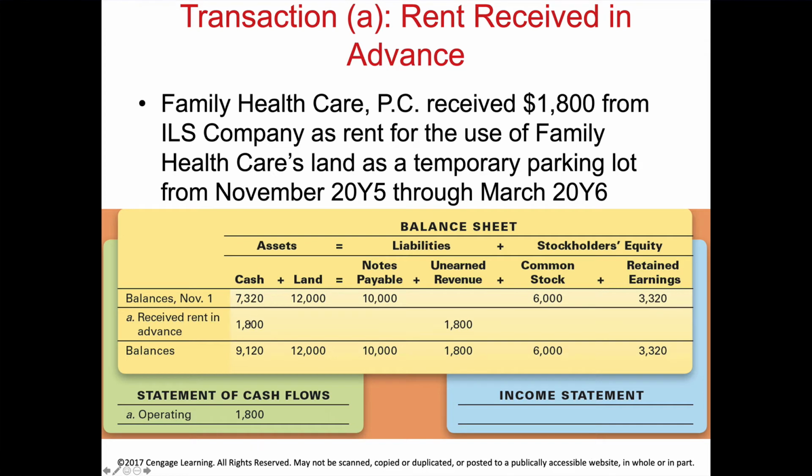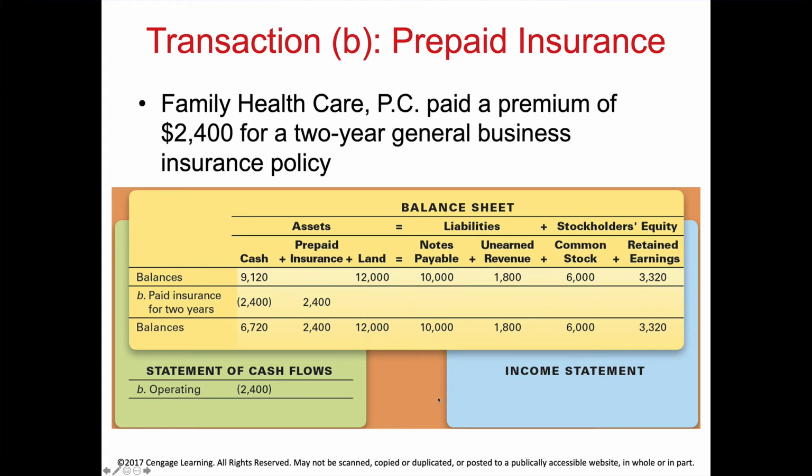Okay, so it was recorded as assets equal liabilities and equity, right? And our balance is balanced. And we had an operating cash flow of $1,800. And then over here on the balance sheet, we just recorded that as a liability. Okay? Now, the next thing that happened, they paid $2,400 for a 2-year general business policy.